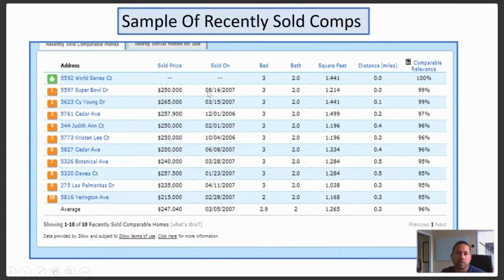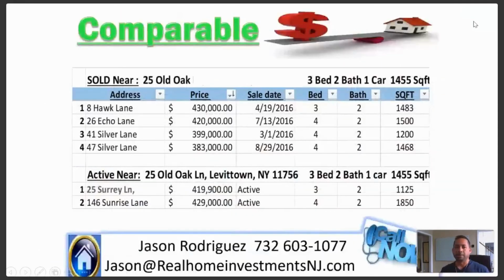This one will bring it down, but it would actually bring it back up because they would have to add the square footage. The difference between this square footage and this one is about 150, so adding 150 square feet would increase the price probably to about $265. So that's how we look at the comps.